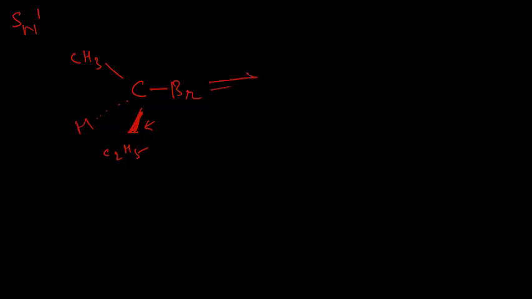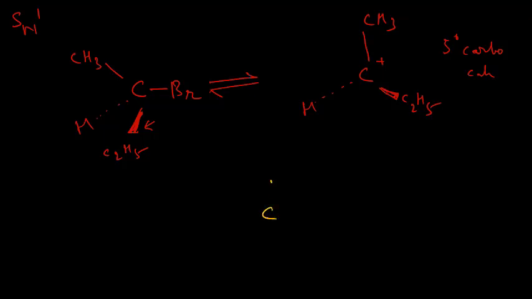And of course, when it loses the halide ion, this gets a carbocation, and here this is CH3, this is H, and of course this is a solid wedge C2H5. This is a tertiary carbocation. Now this tertiary carbocation, this is CH3, and the attacking nucleophile.